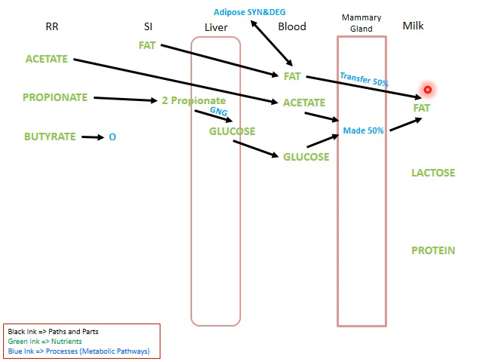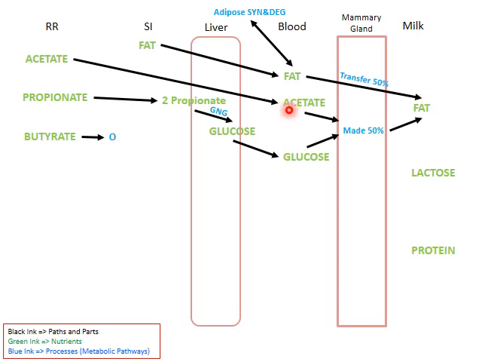We get artificially high milk fats in that situation. The other source for our pre-made fat, we got the adipose. We also have the stuff from her diet. So both of those can go to the pool in the blood, and they are transferred without much change to the milk.